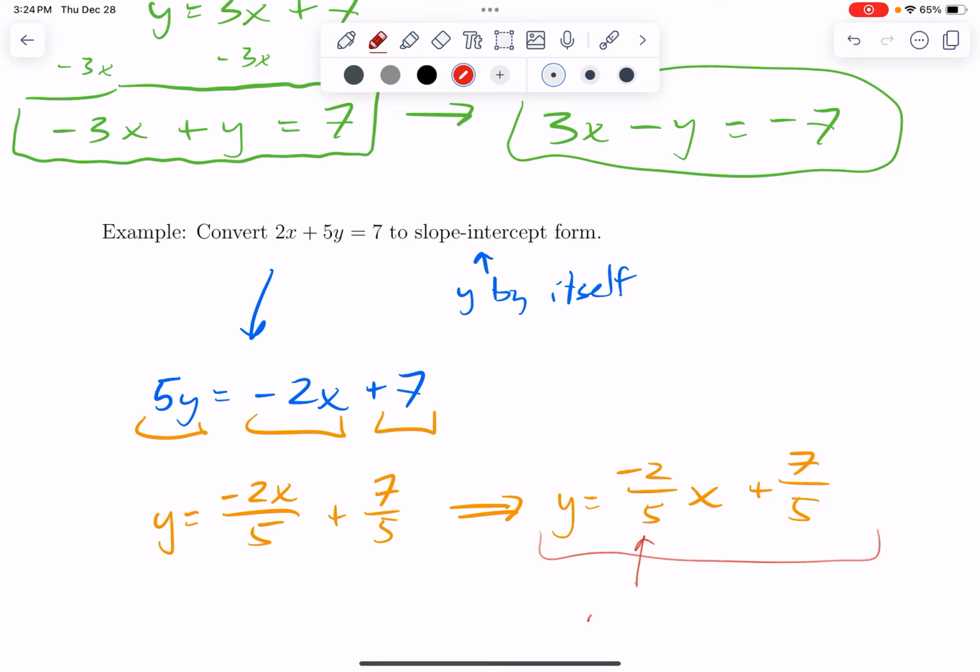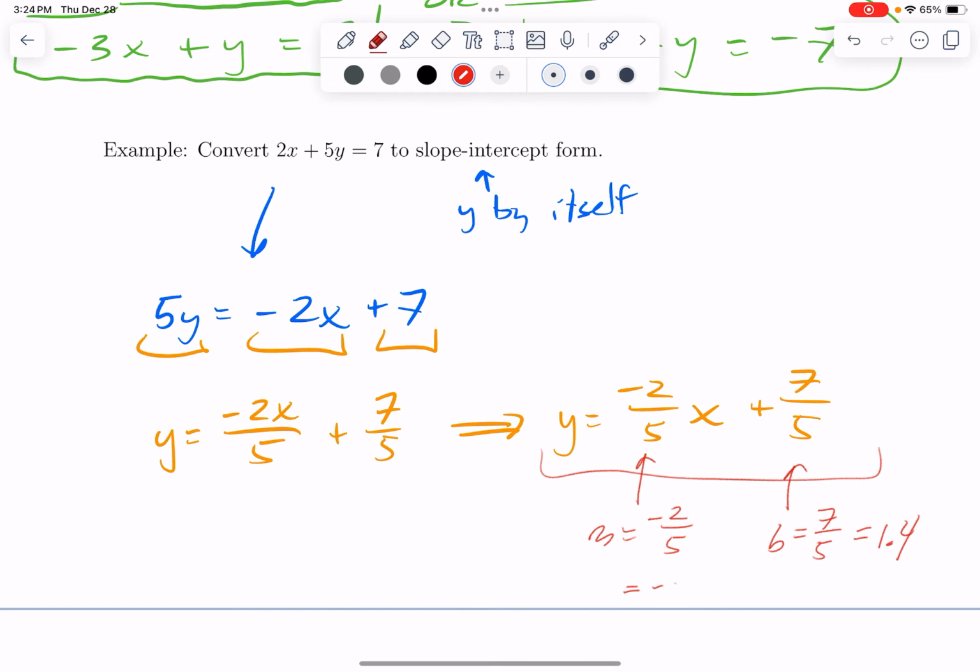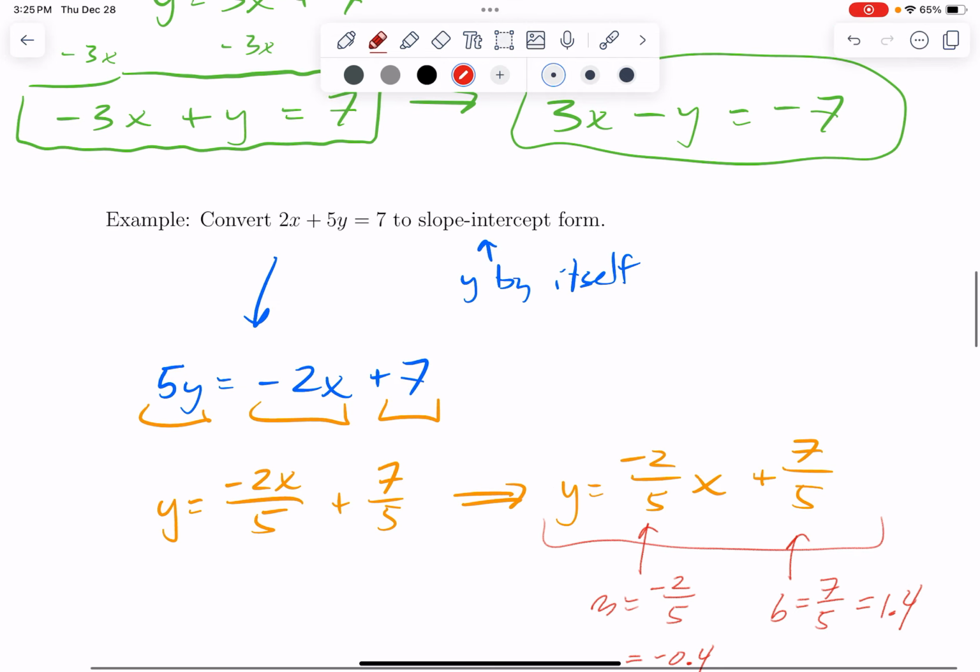So the slope, we can read right off this equation, is negative 2/5, and the y-intercept is 7/5, which is 1.4. This is negative 0.4. Sometimes fractions are not the most helpful. So you're going to have a lot of homework practice just getting used to these forms and moving between them.